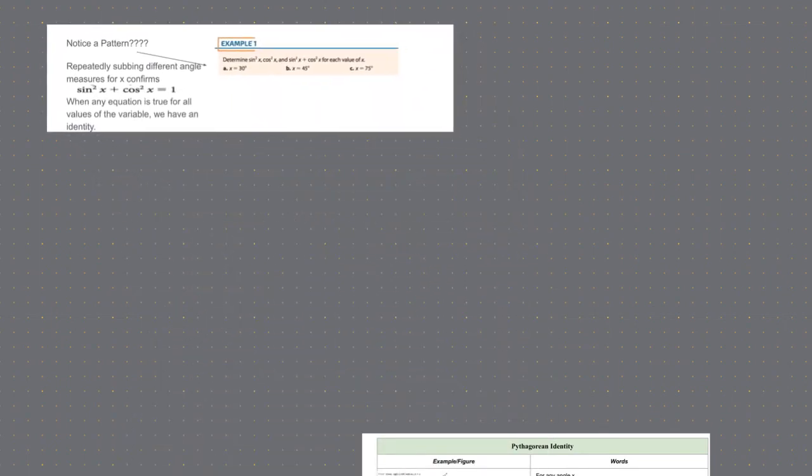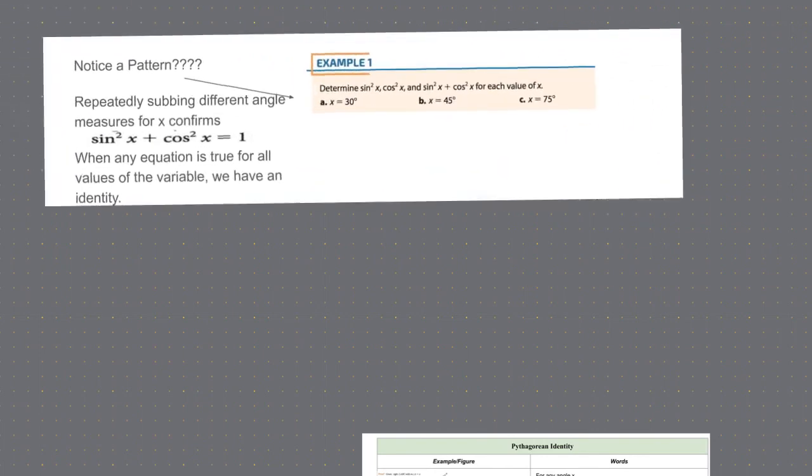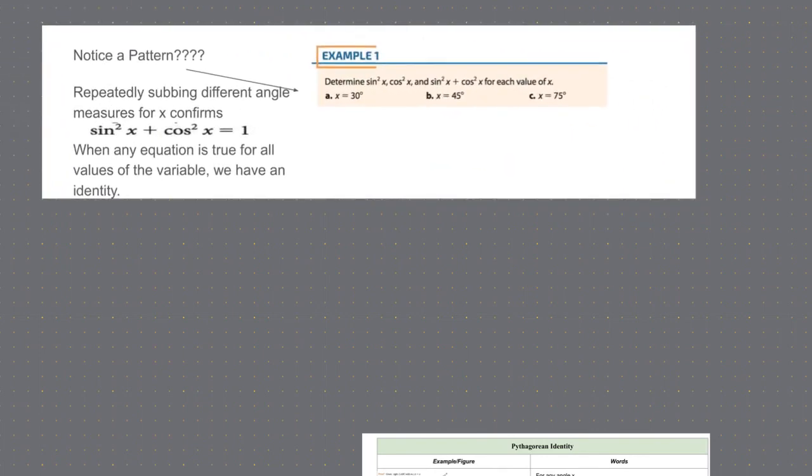All right, so let's look at example number 1. Here we go right here. We're going to play with this one, and as I put over there on the left, you're going to notice a pattern. But I want to work through it with you first.